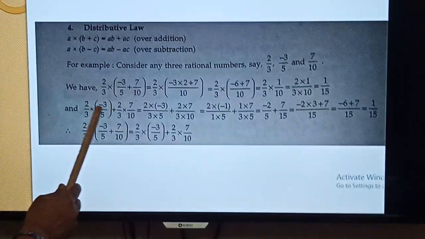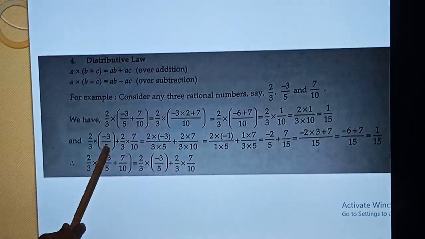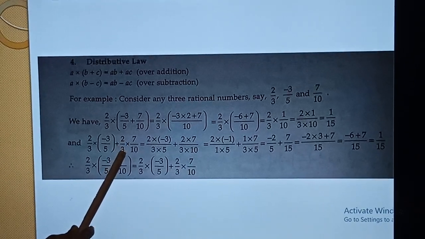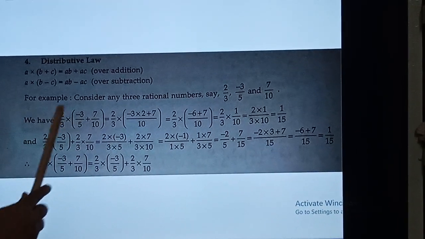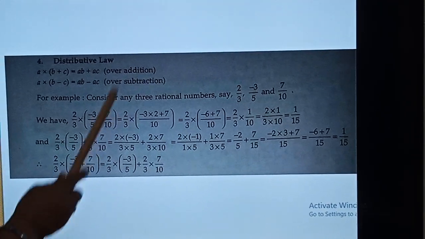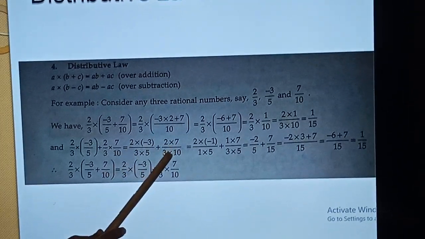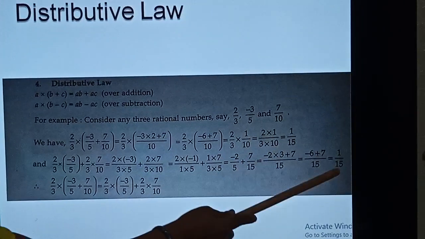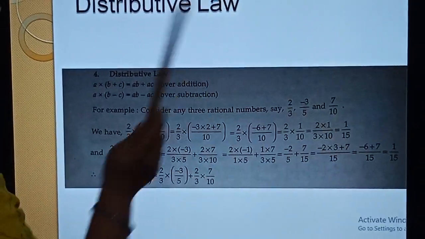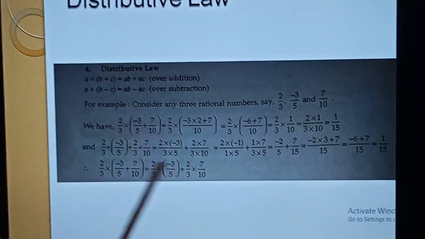2 upon 3 into minus 3 upon 5 plus 2 upon 3 into 7 upon 10 means it's multiplication of the bracket here, right? Then at the end I will again get the same answer, 1 upon 15, on both sides. Am I right? Hence it satisfies, right?